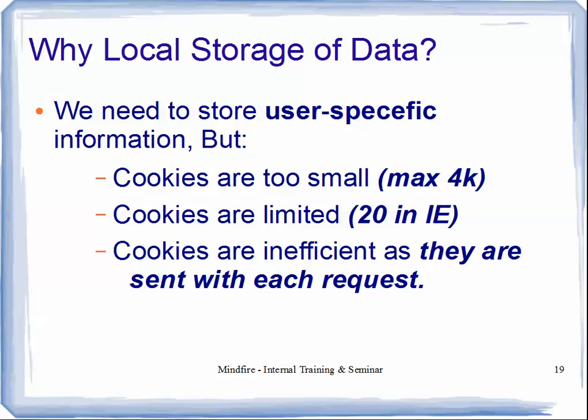In IE, we can store a maximum of 20 cookies per domain, and cookies are inefficient because they are always sent to the server through headers on each request. So local storage is a good replacement for cookies.